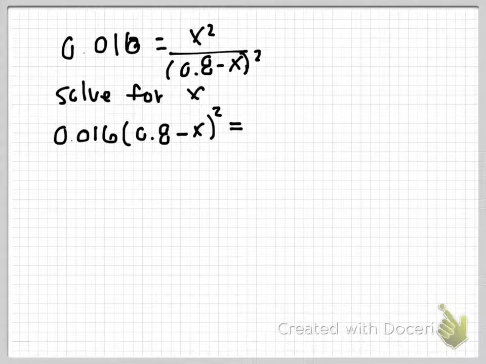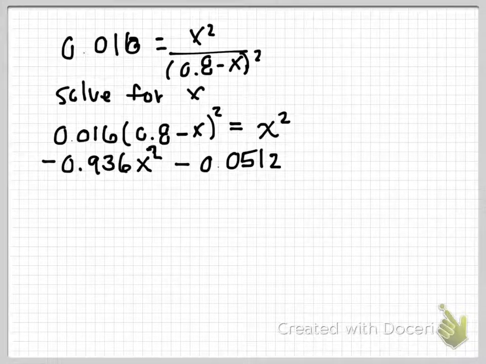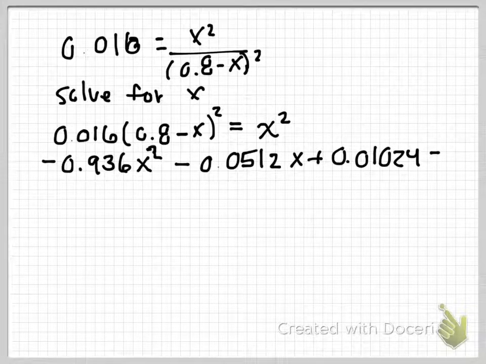It's going to equal x squared. After some math, you can get this to 0.936 x squared minus 0.0512 x plus 0.01024 equals 0.